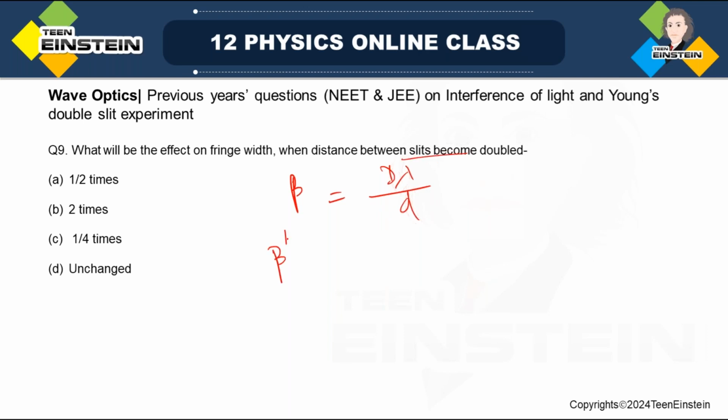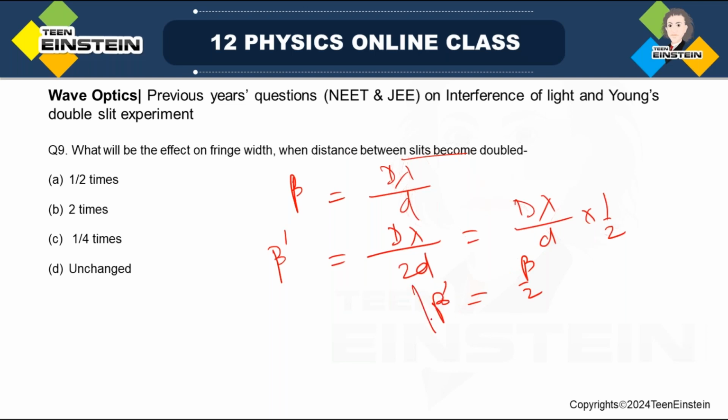So what will be the new fringe width beta prime? It is D lambda by double, means 2d, right? So this will be actually D lambda by small d into half. That means beta prime will be beta by 2. So the fringe width will be half.